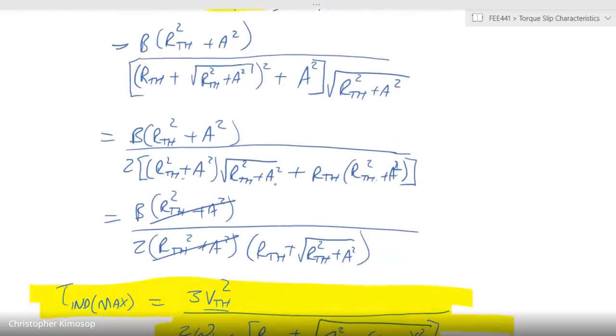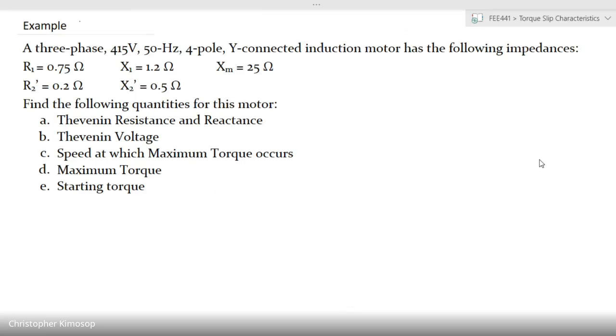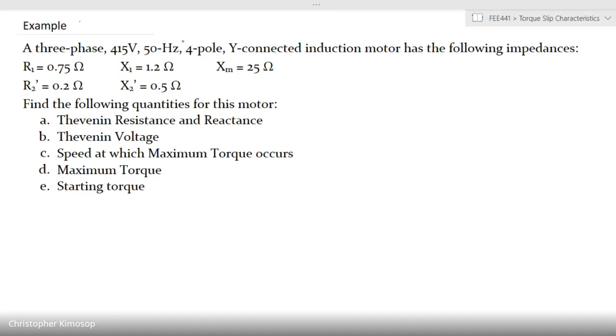So I think to wind up, it is almost there. Let's look at one example of the applications of how maximum torque and Thevenin resistance can be made use of. Okay. So we just have a look at that example.